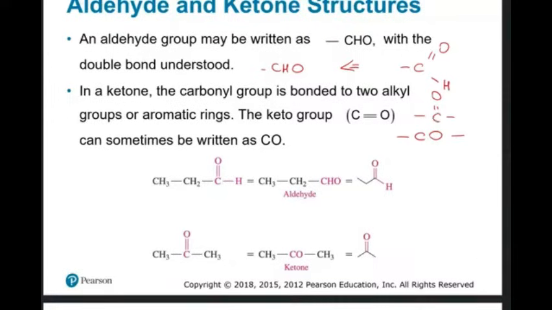Does that make sense to you all? Yeah? Okay. So this is a condensed structural formula, but you can replace an aldehyde group with CHO, and in the formula of acetone you can replace the carbonyl group in the center by this.